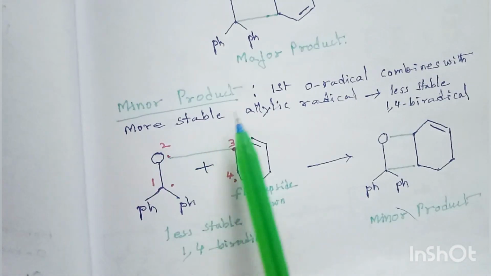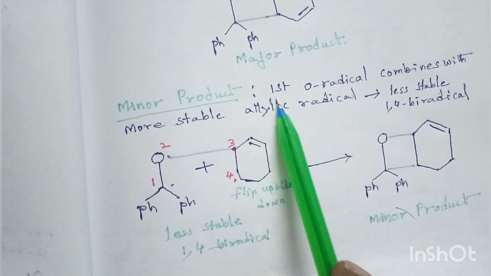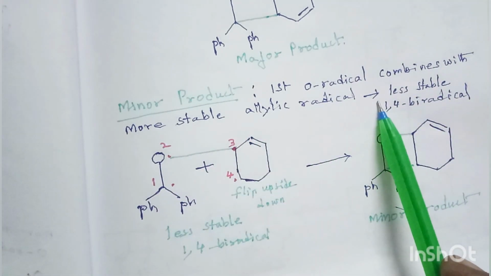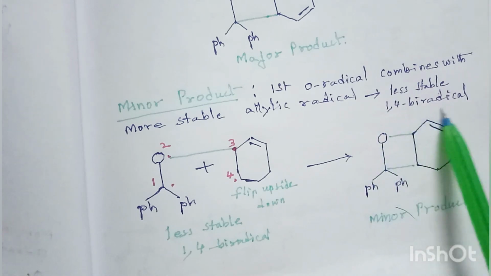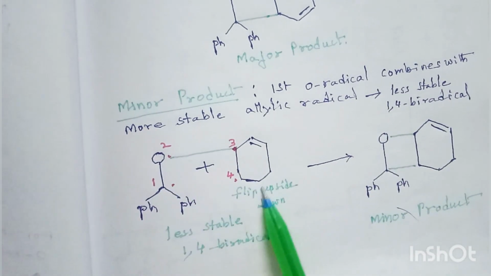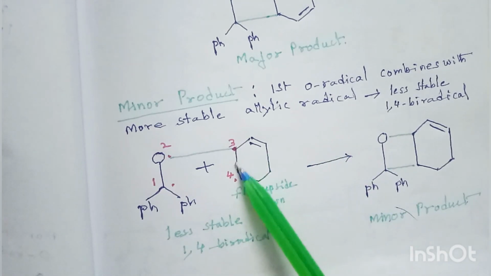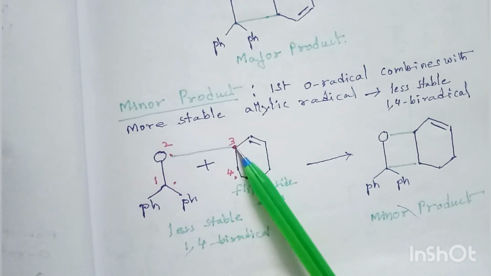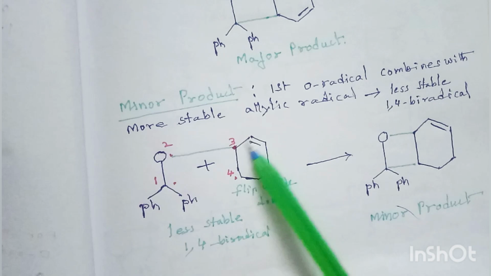Minor product. How is it formed? First, the oxygen radical combines with the more stable allylic radical to form a less stable 1,4 biradical. This is the oxygen radical. So we have flipped this cyclohexadiene upside down, so that the more stable radical has come up here. That is the allylic radical.